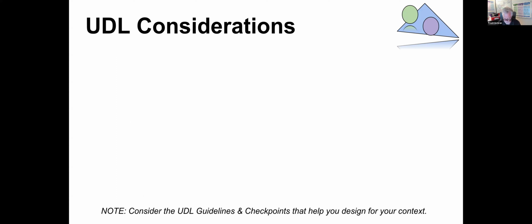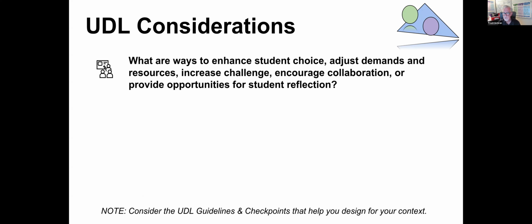And maybe we should talk about some UDL considerations. So what are ways to enhance student choice, adjust demands and resources, increase challenge, encourage collaboration, or provide opportunities for student reflection?